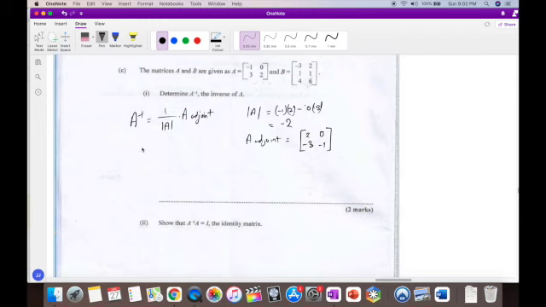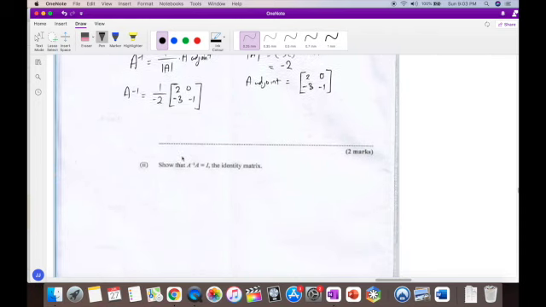So this is A adjoint, so therefore A inverse is equal to 1 all over negative 2 multiplied by 2, 0, negative 3, negative 1, and we could actually leave it like that. I mean, if that 1 over 2 could have gone into everything nicely, then we would have, but it actually looks a lot neater this way, right?